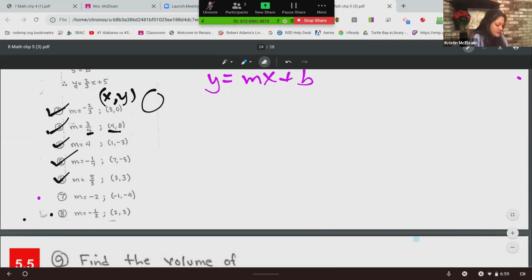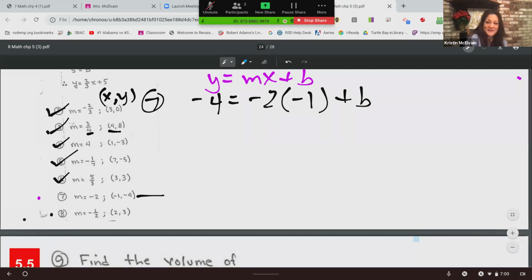There we go. We are on number 7. Right here. So -4 equals, our slope is -2 times x is -1 plus b. -4 equals, we have a negative times a negative, which turns it positive, 2 plus b.